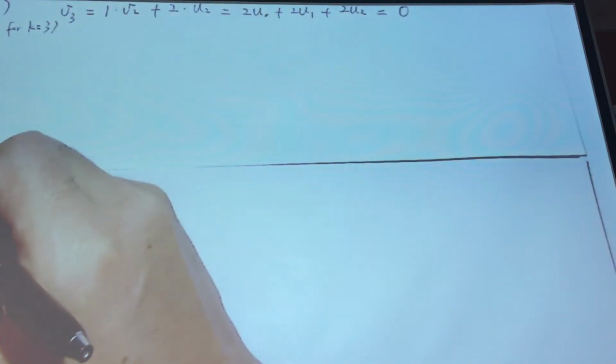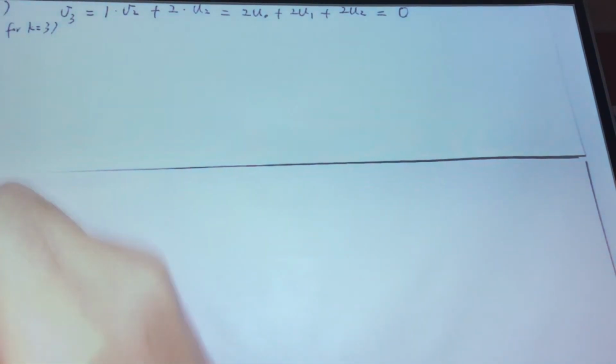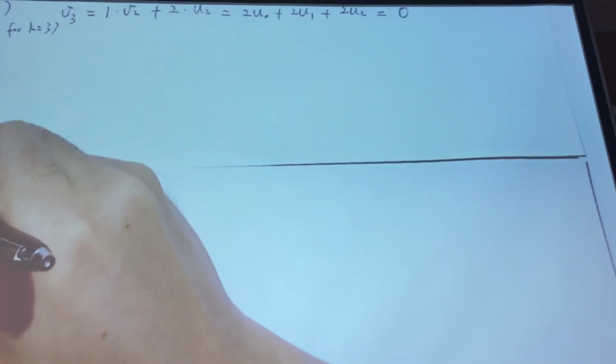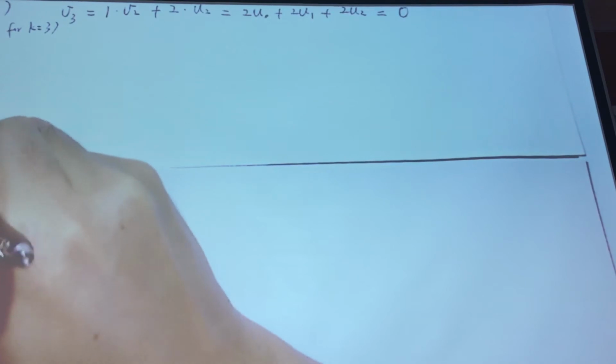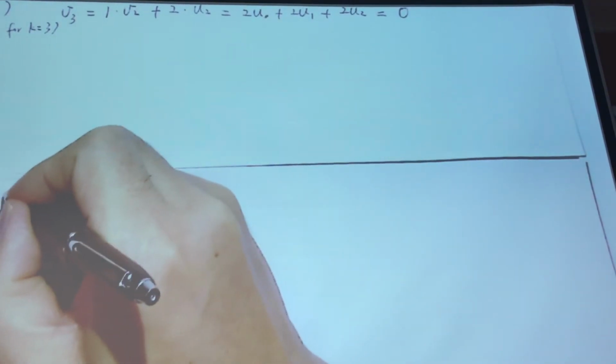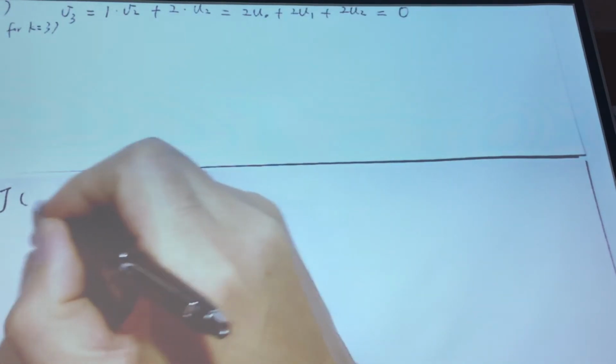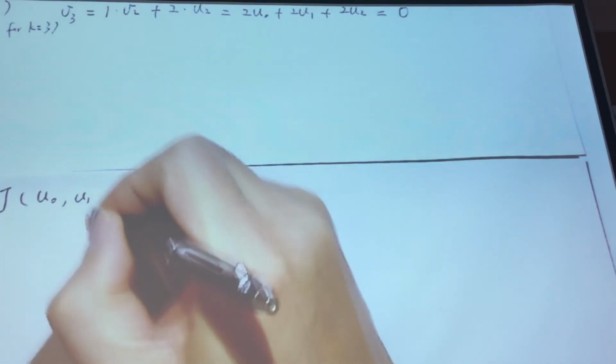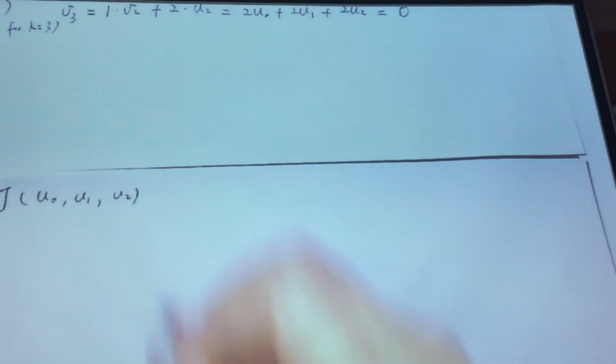So now we may formulate our problem. We want to minimize our function J in terms of u0, u1, u2.